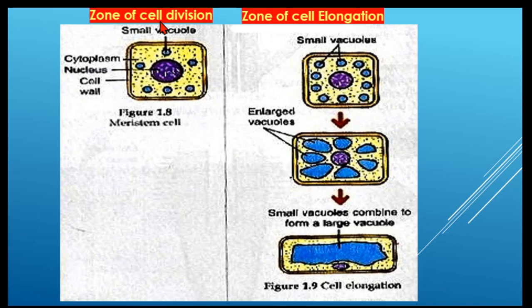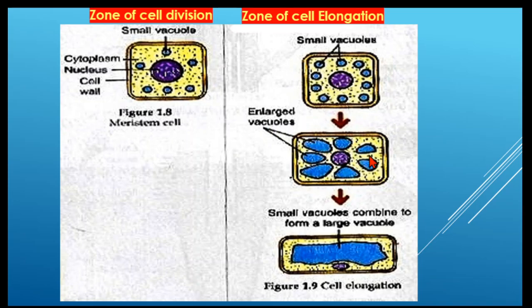So here, meristem cell in zone of cell division. Okay. This is small vacuole, cytoplasm, nucleus, cell wall. Meristematic cell. Zone of elongation, what happened? The small vacuoles will fuse together to form a large vacuole.